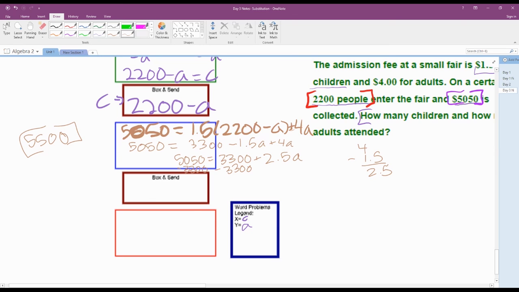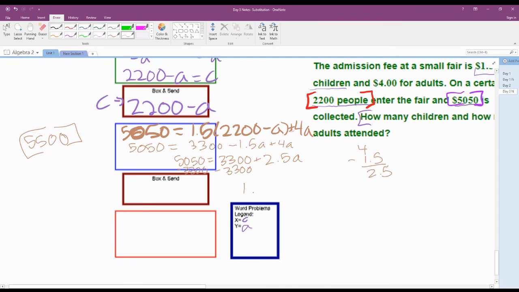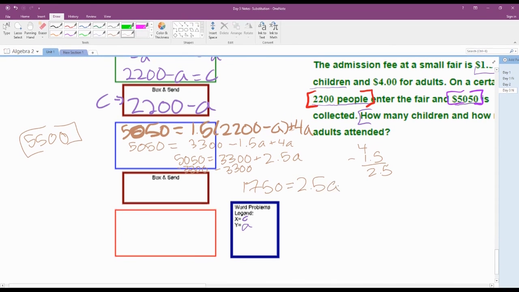Anyway, so now we got 5,050 minus 3,300. And we get 1,750 equals 2.5A.